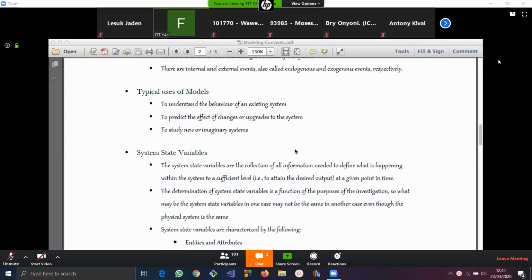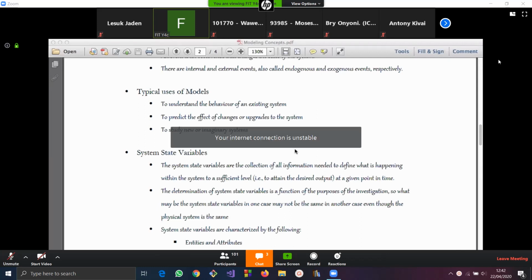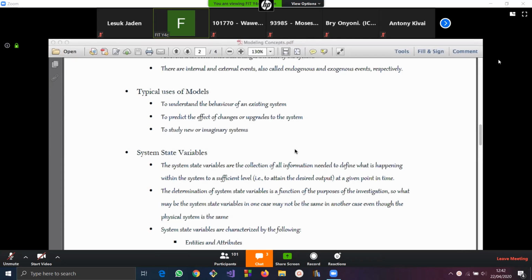The determination of a system state variable is a function of the purpose of investigation. What that means is that if my intention is to know the performance of the business, then I need to understand what determines performance. For instance, is it the volumes of sale? Is it the number of customers it is handling?